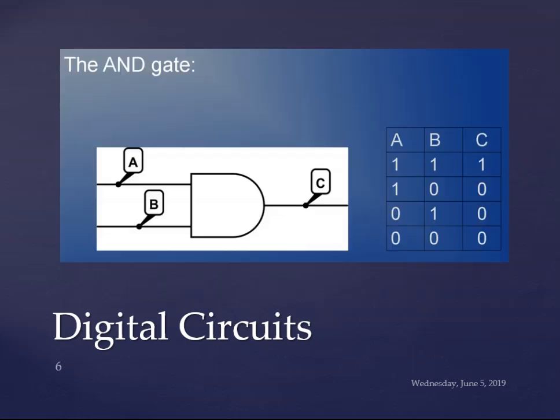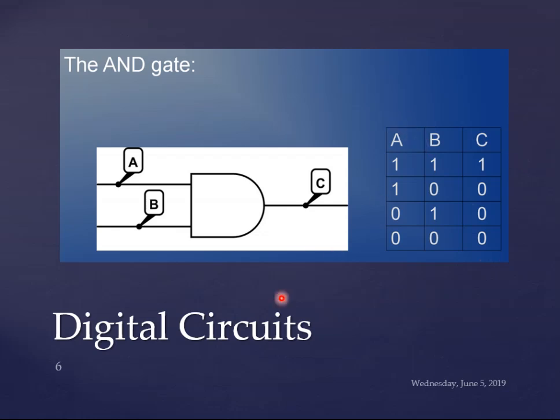They're like the gates I introduced on the other slide, where you have 2 inputs coming into the gate and 1 output coming out. If you get a 1 and a 1 on this gate, you get a 1. Otherwise, you get a 0, and this is why it's called the AND gate. It represents that conjunction relationship.